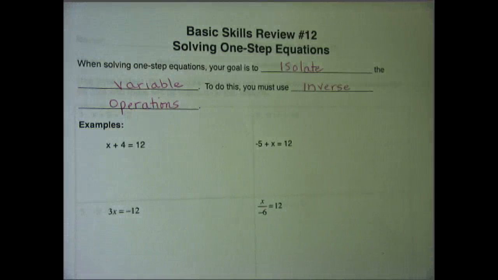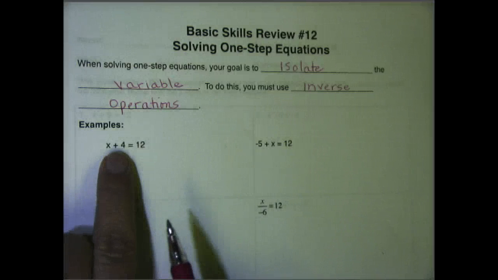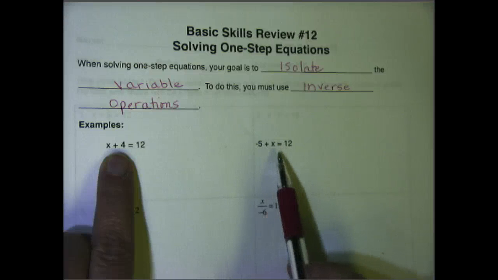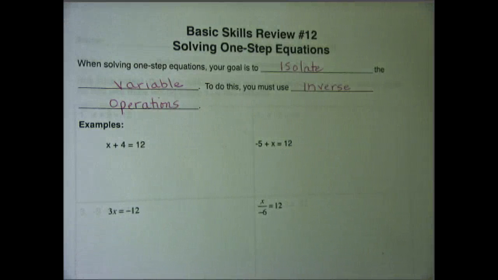If the number you are trying to get rid of is negative, you would add. So don't try to think of it as subtraction. If I'm adding, I subtract, and if I'm subtracting, I add, because sometimes that's not the case, and we'll look at that in a moment. Also, if you are multiplying, you're going to divide, and if you are dividing, you're going to multiply.